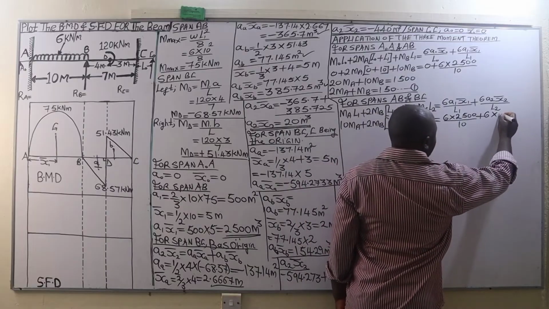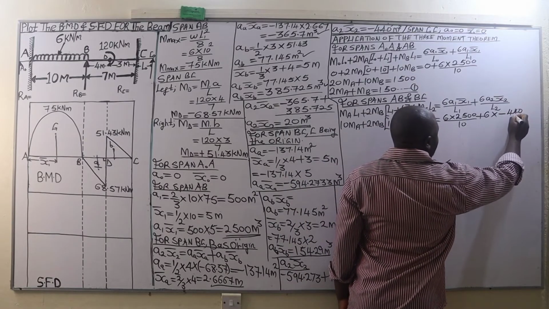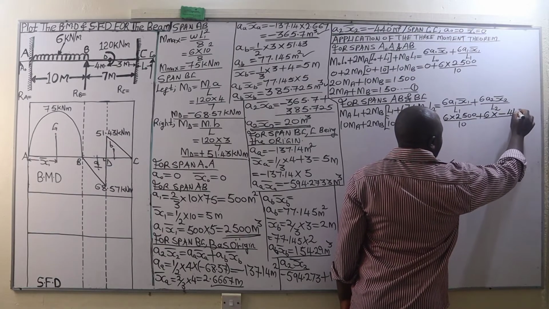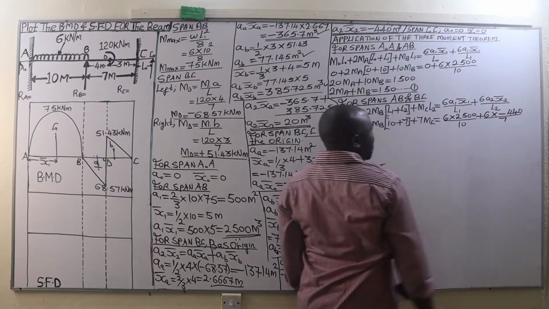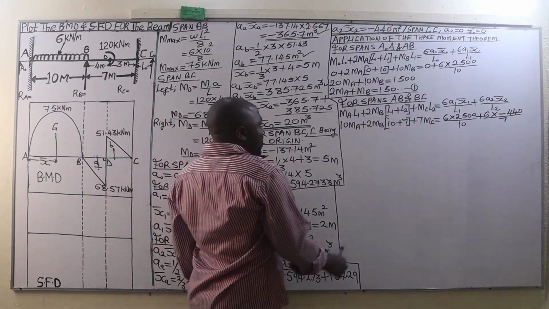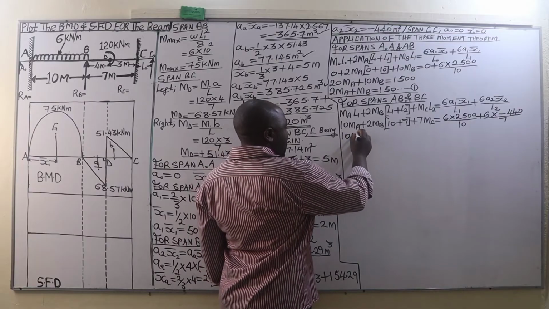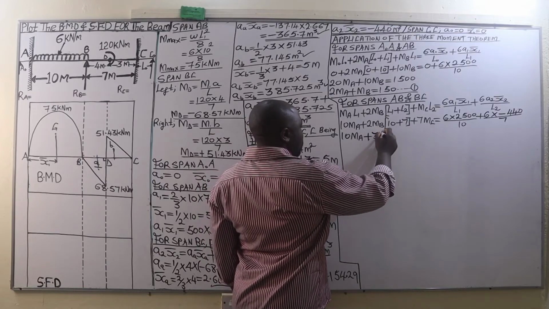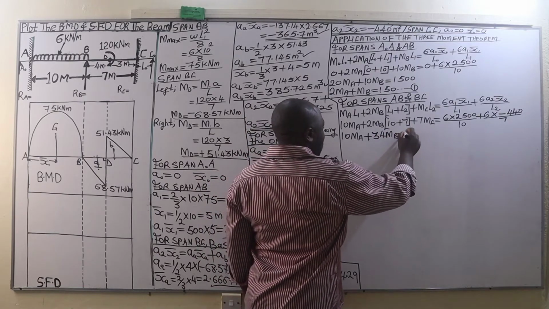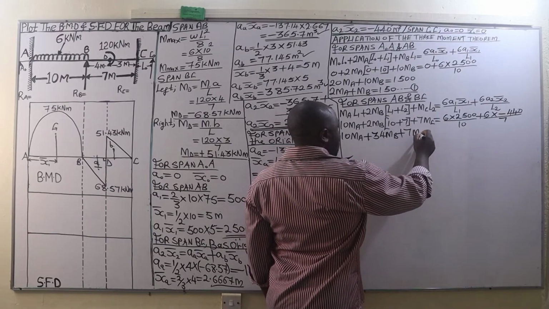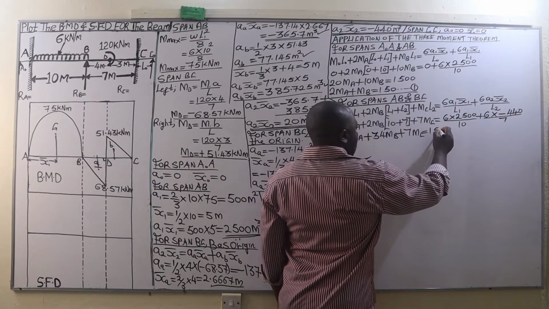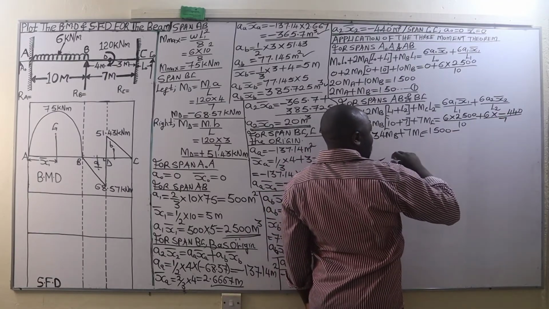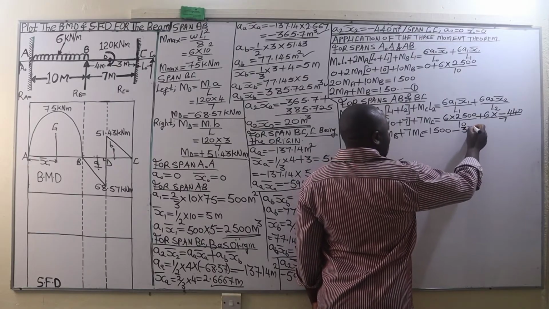So 6 times negative 440, divided by L2, which is 7 meters. And this is going to give us 10 MA plus 10 plus 7, 17 times 2, 34. So that is 34 MB plus 7 MC being equal to 1500 minus, since we have this negative here, 377.14.